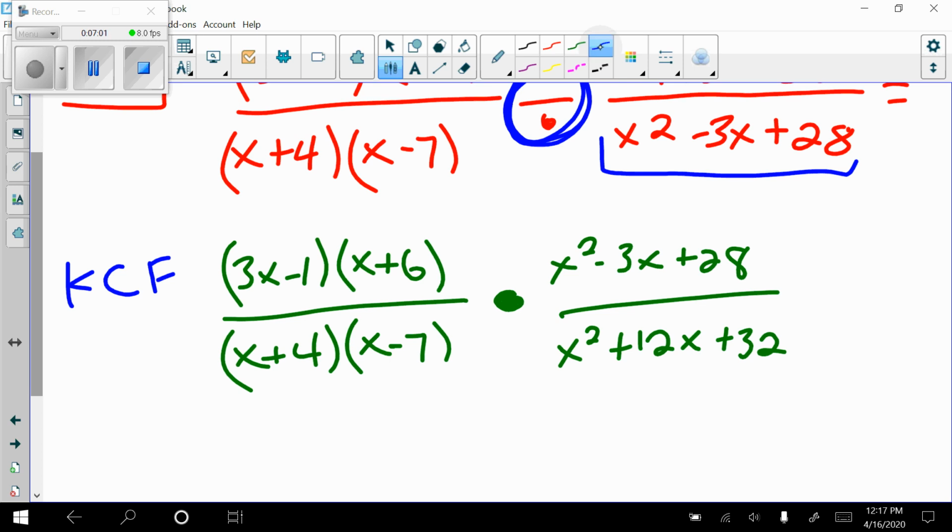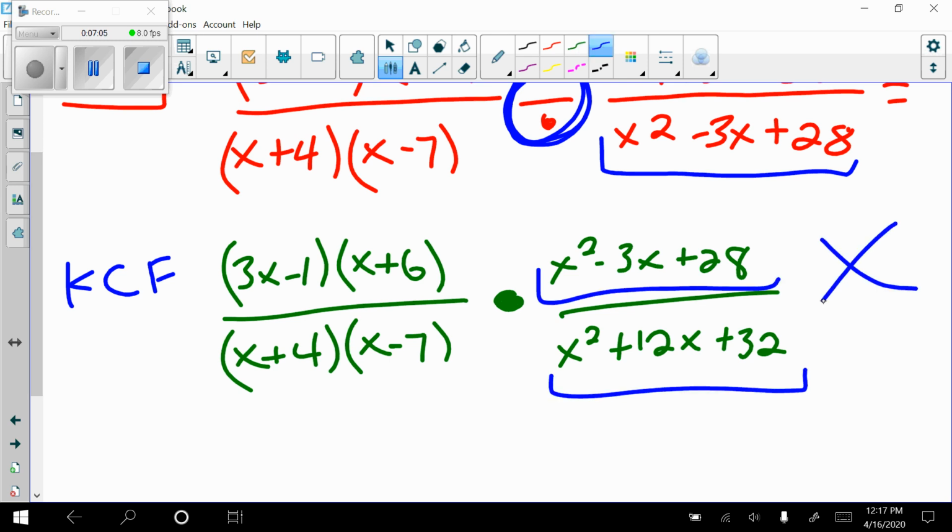Now what I would need to do is factor the quadratics. So using the cross puzzles, for the number on top I need two numbers that multiply to 28 but add to -3, which for this one is going to be -7 and 4. Then for the denominator, numbers that multiply to 32 but add to 12.